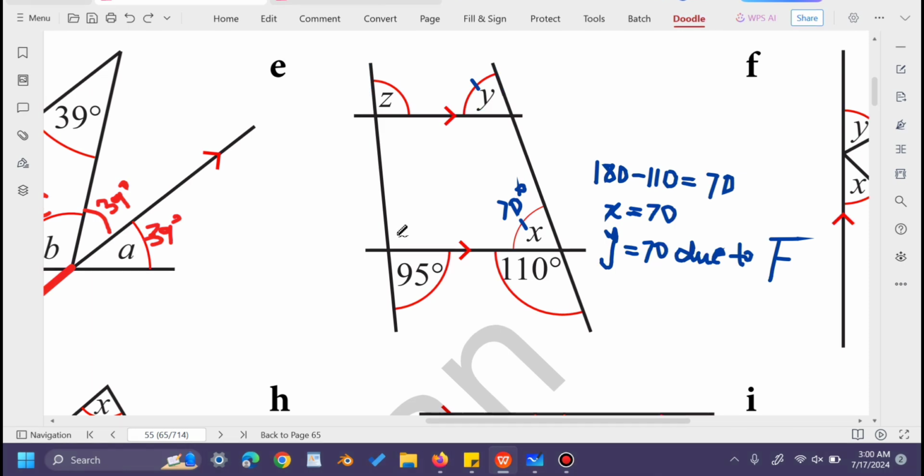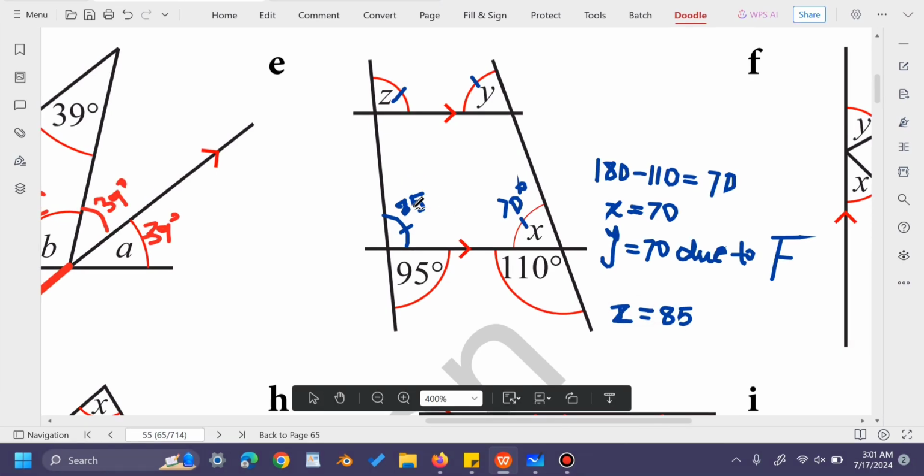Okay, we can see that for Z, this is 180 degrees, and then 180 minus 95 is going to be 85. If this is 85, then that means Z is also 85.